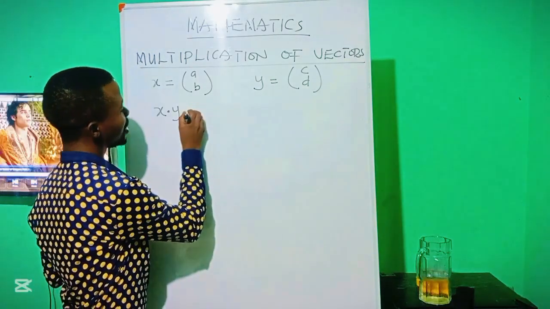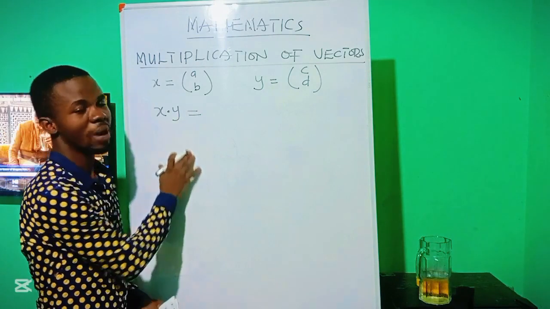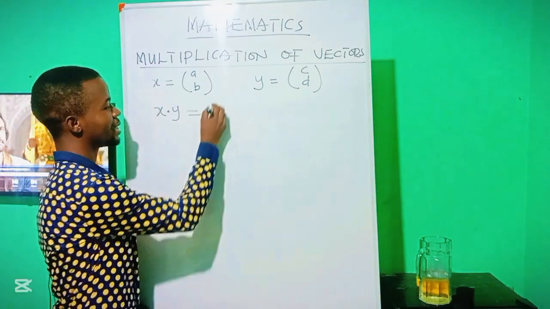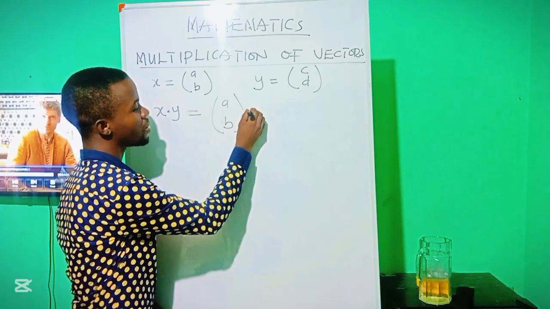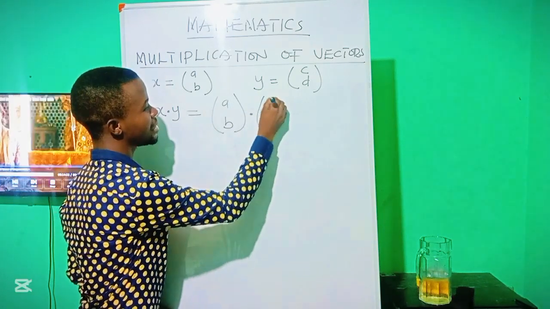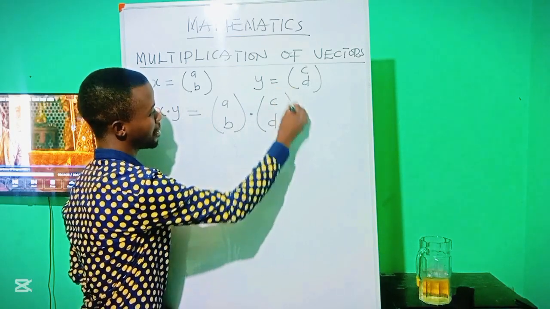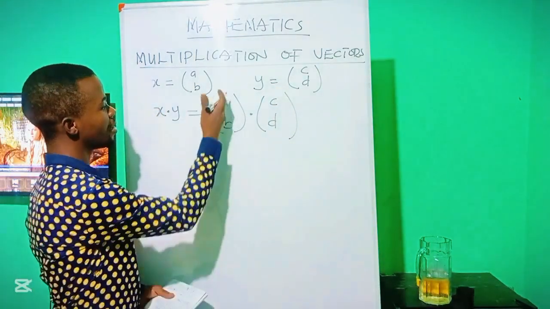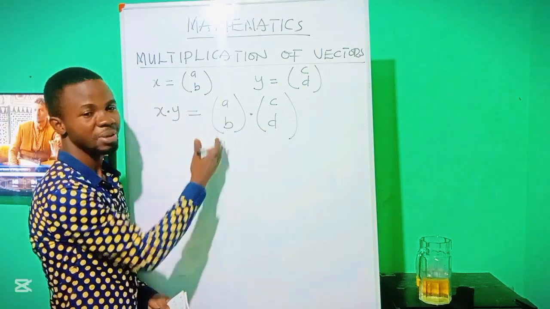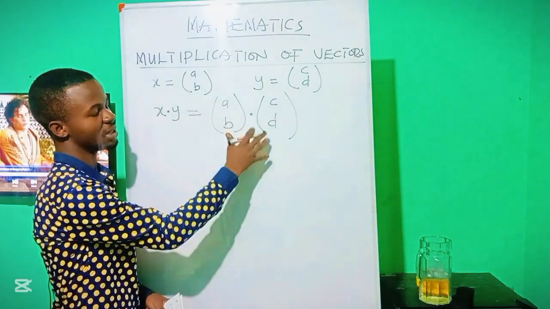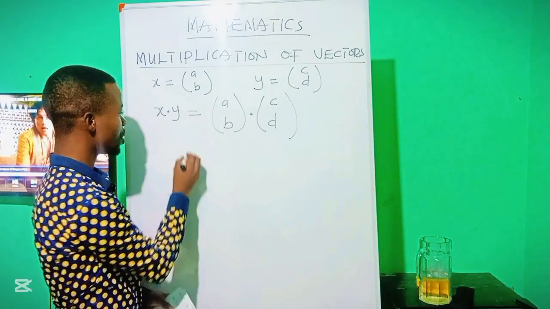Now, if you have x dot y, what this means is that you have a and b multiplying c and d. Vector x with coordinates a, b multiplying vector y with coordinates what? c, d.